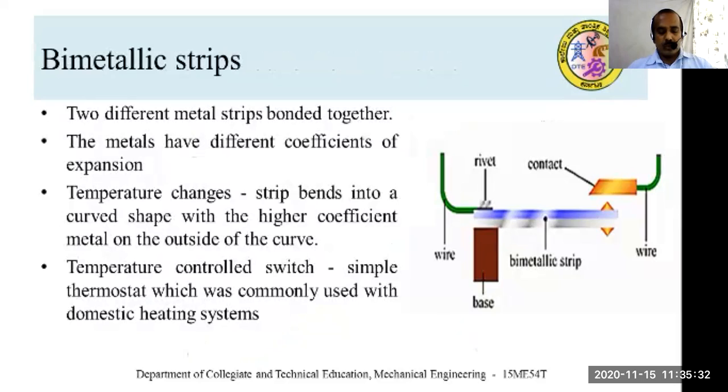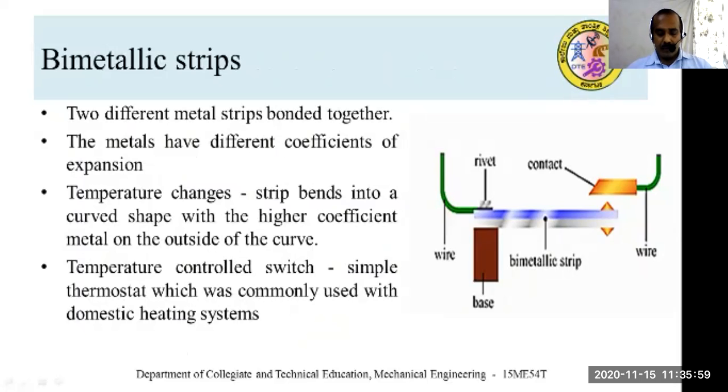It uses two metal strips made up of different materials having different thermal coefficient of expansion, bonded together. It is called a composite strip. When this strip is heated, it deforms.